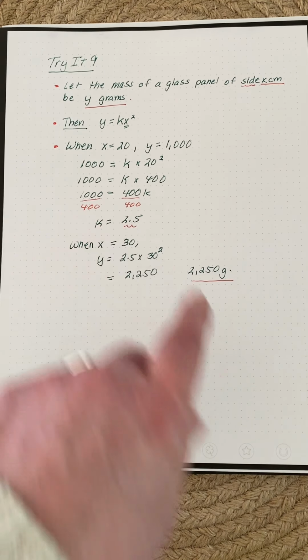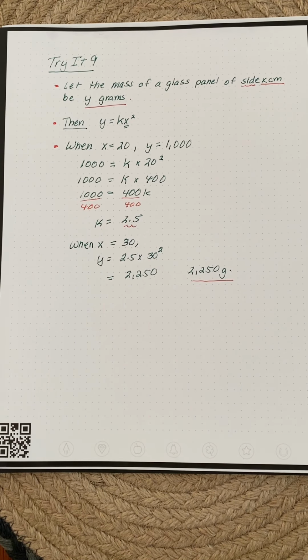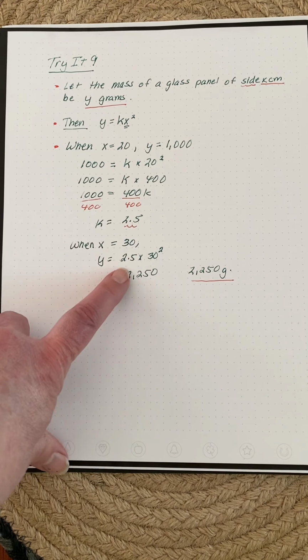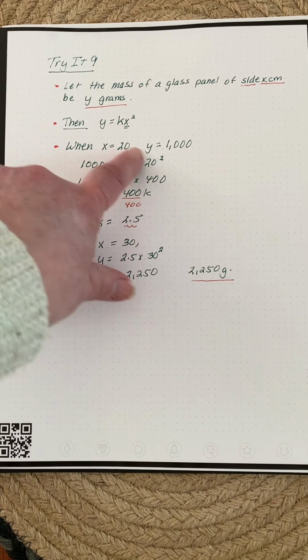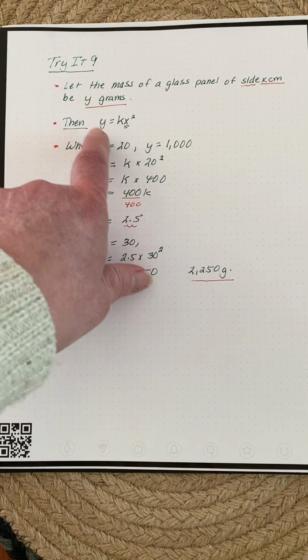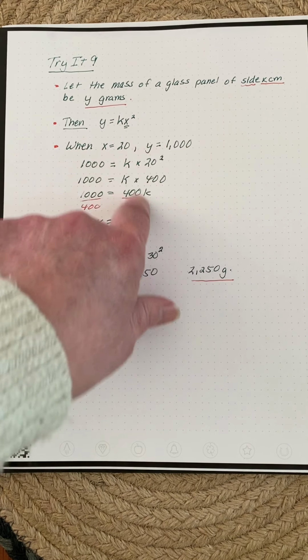I had to find the constant to answer the statement, find the mass in grams of a glass panel of side 30 centimeters. In order to find that mass, I needed the constant. So I had to do some work first to get that constant, and I used what I had to get it.